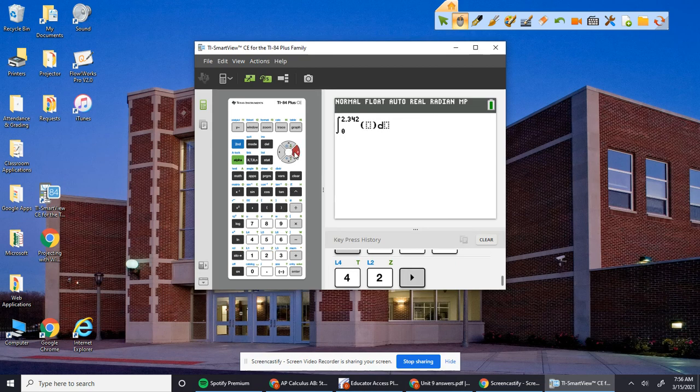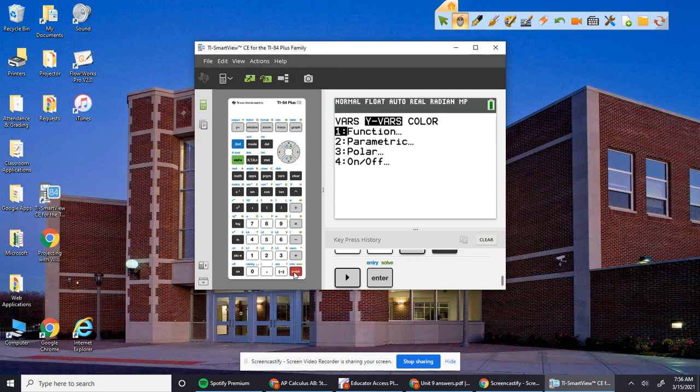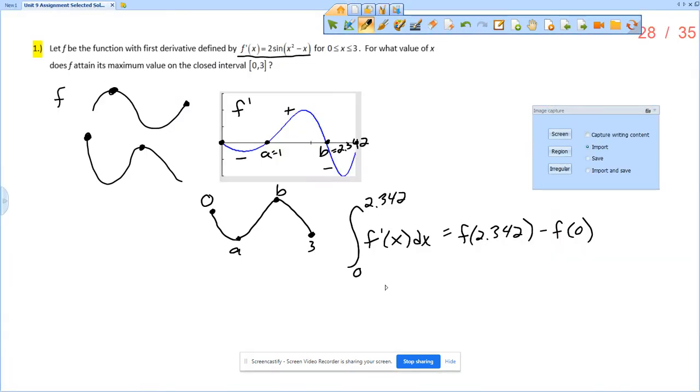For the equation, I'm just going to grab the y1 equation: vars, y-vars, function, y1, with respect to x. Now I integrate and I get 1.258. So 1.258 is f of 2.342 minus f of 0.